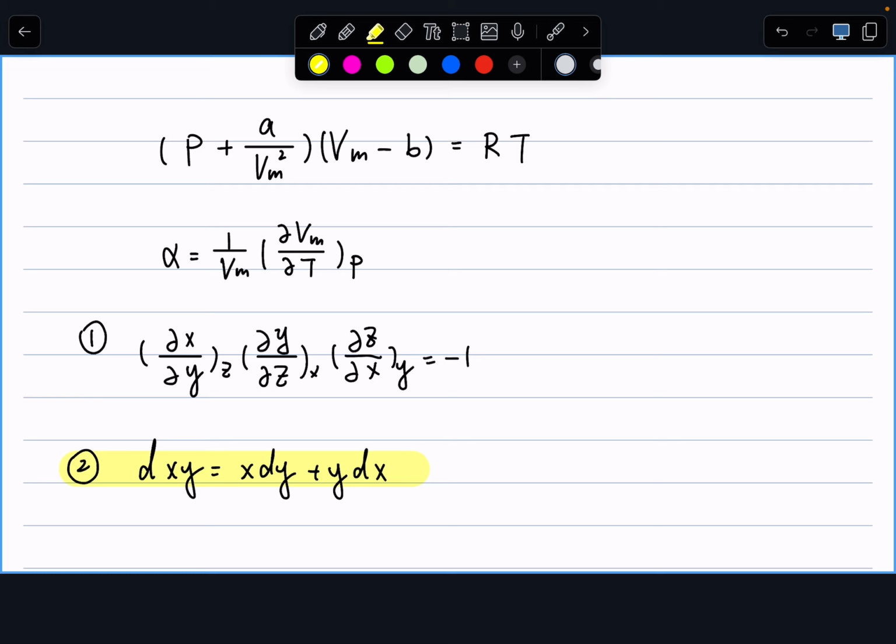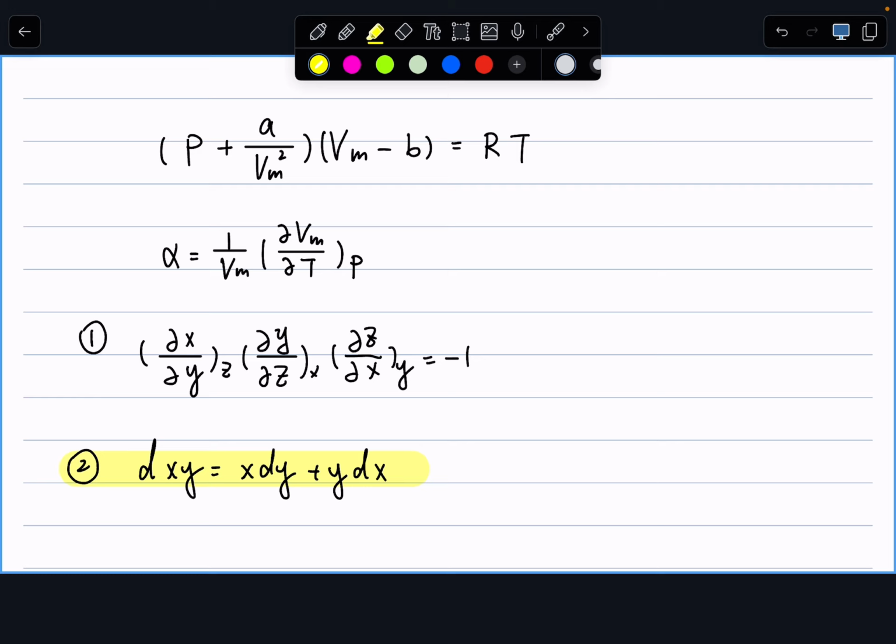So that's set up to be d over dt of (p + a/Vm²)(Vm − b) equals d over dt of RT. Some of the things are straightforward, like this one, we know how to solve it.